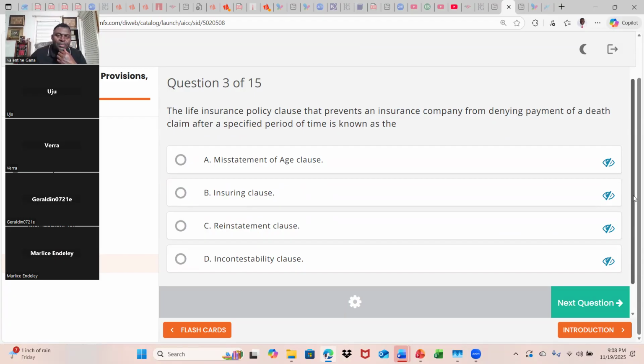The life insurance policy clause that prevents an insurance company from denying payment of a death claim after a specified period of time is known as the... Anybody spot the right answer?